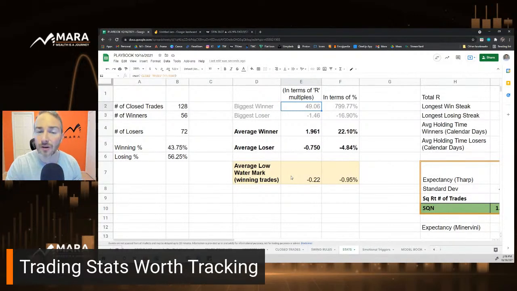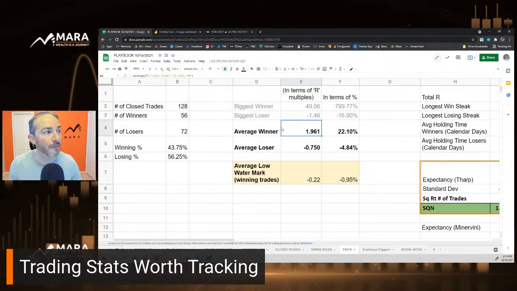So think about your trades in terms of your R multiples. It helps to normalize how much you've won and how much you've lost. So for me, on average, I make about two times my risk.